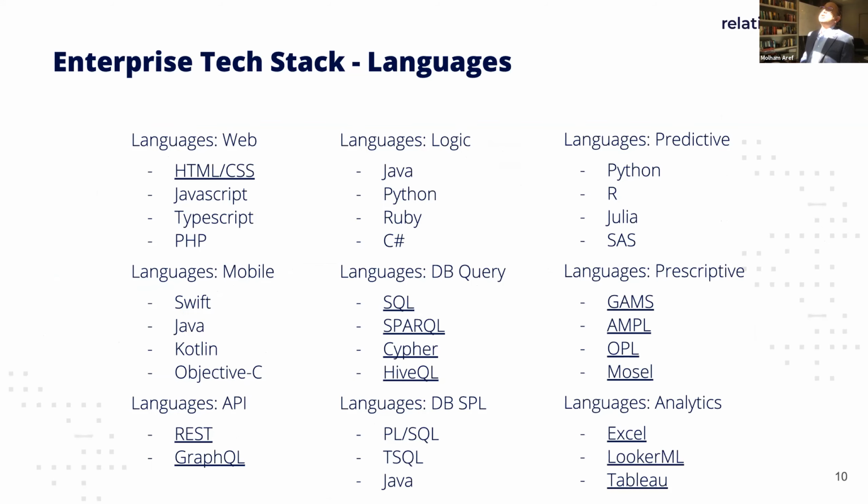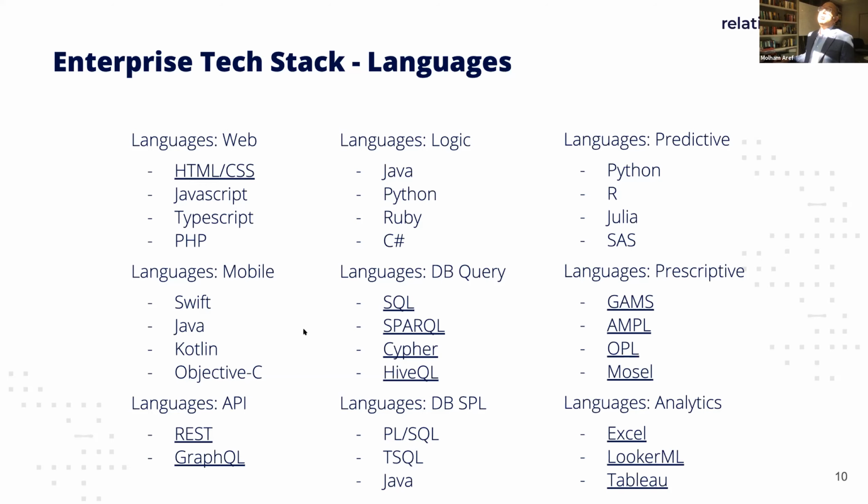And in each application, not only do you have a database with its own schema and so on, you have to typically program it in at least a handful of programming languages, and often 9 or more. So for the front end of the application, you might use HTML with CSS, JavaScript or TypeScript or PHP.